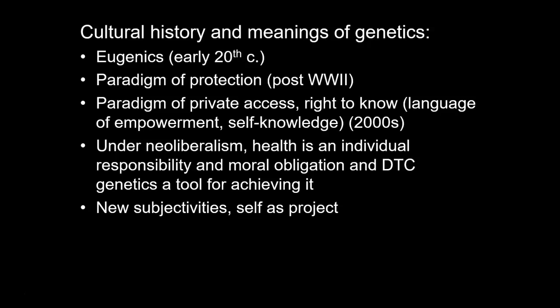Some of you may have read about this in history classes and other contexts. Eugenics was an approach to the relationship between human variation and political power that was very significant, had a lot of power in, again, the first half of the 20th century.